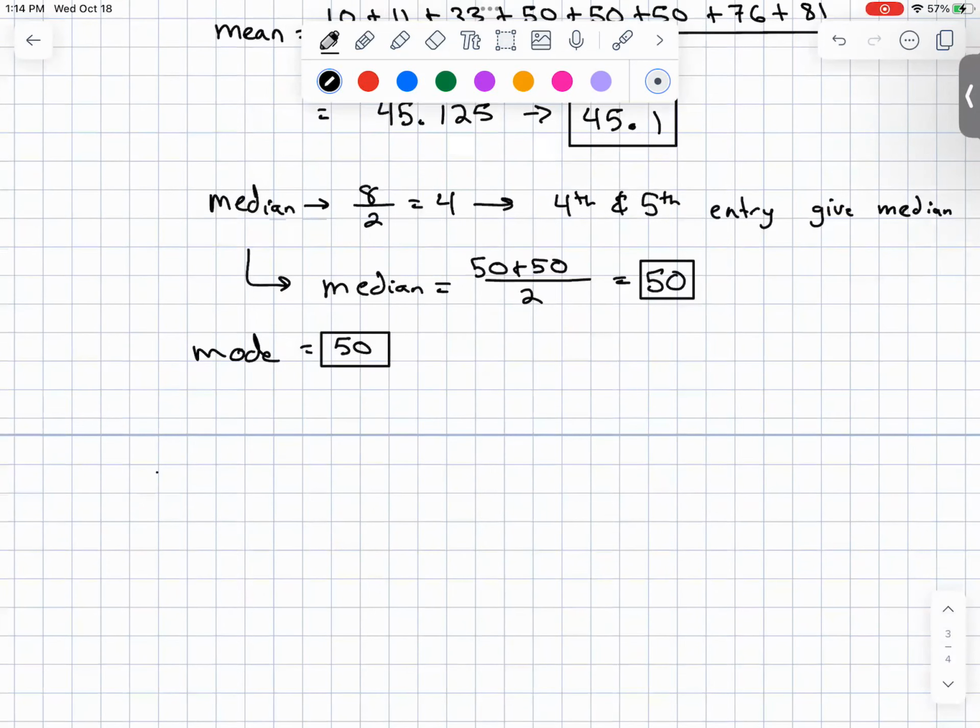So part B is to reorder first. So 5, smallest number, 5, 5, 5, and then 7, and then 11, then 12, and 13, and then 15.